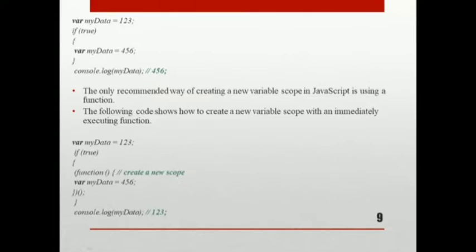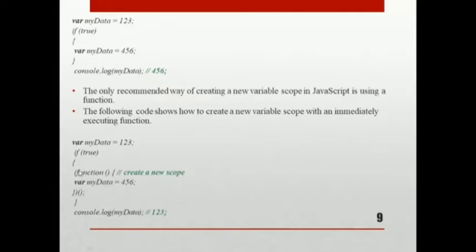The only recommended way of creating a new variable scope in JavaScript is using a function. Using a function we can create a new variable scope. The following code shows how to create a new variable scope with an immediately executing function. Variable myData is equal to 1 2 3. If it is true, then we execute the body of this if statement. Inside that we are creating a new scope here.